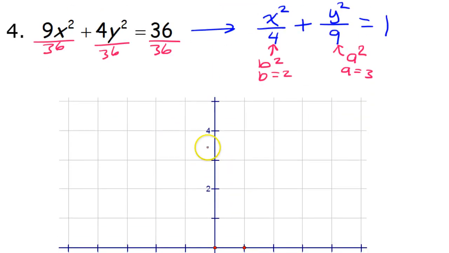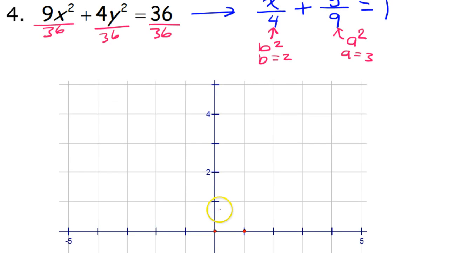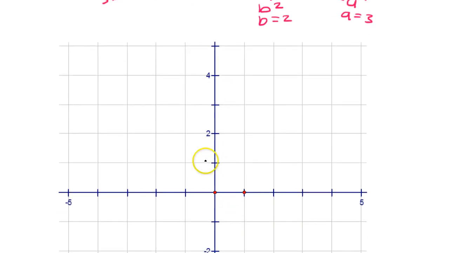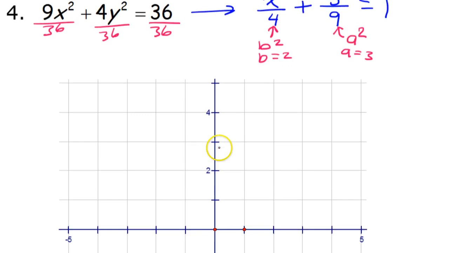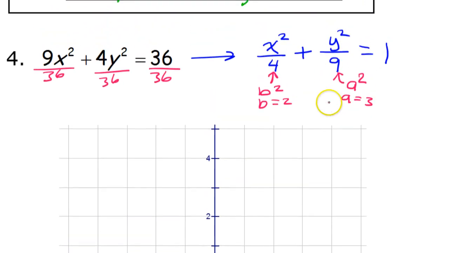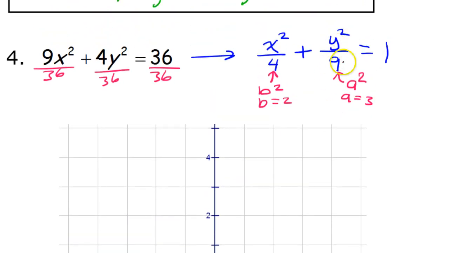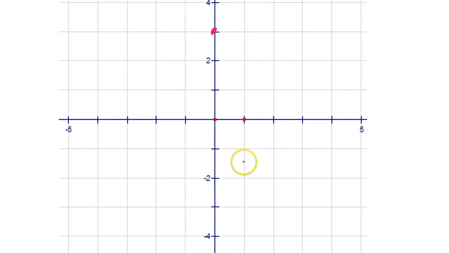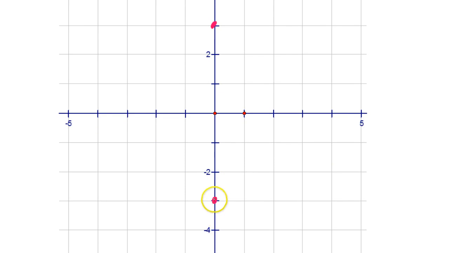Okay, now because the bigger number is with the y squared, that tells me that this will be a vertical ellipse. It will be stretched in the y direction. So when I take my a value of 3, I'm going to add and subtract in the y direction. I'm going to go up 3 and down 3. Like that.